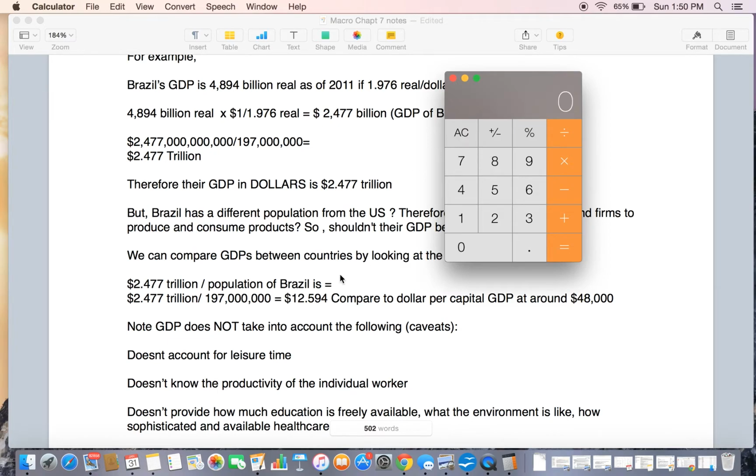Oh, looks like I have this a little wrong in here, so let's fix it. 2,477, 100,000, 100 million, 100 billion, 100 trillion, divided by 197 million people in Brazil.